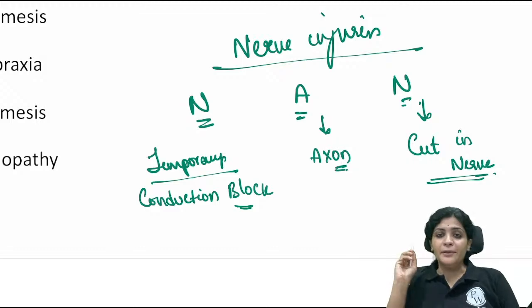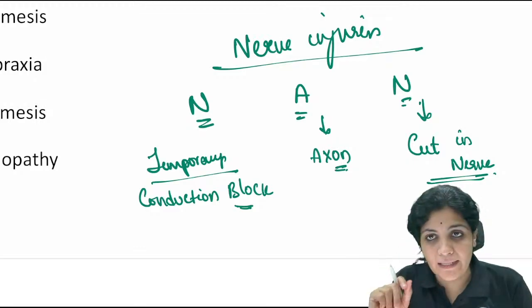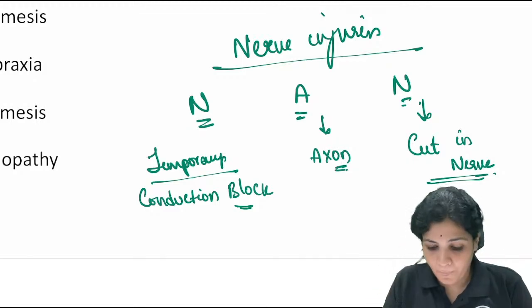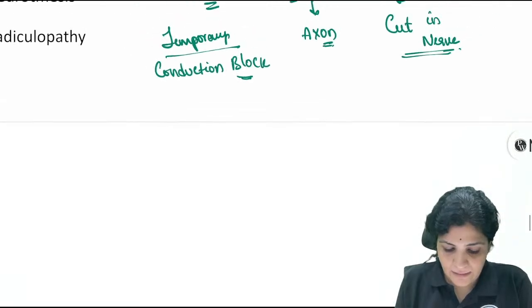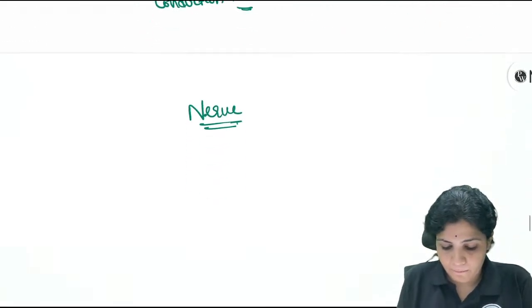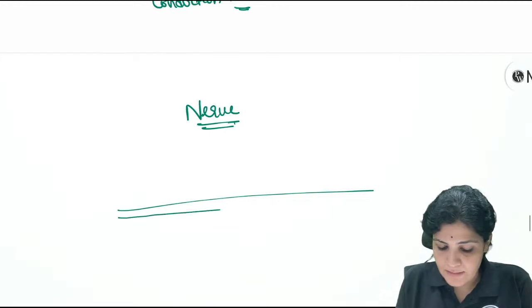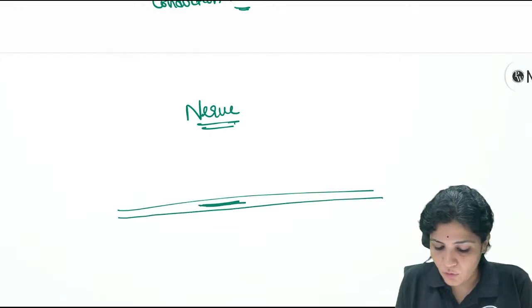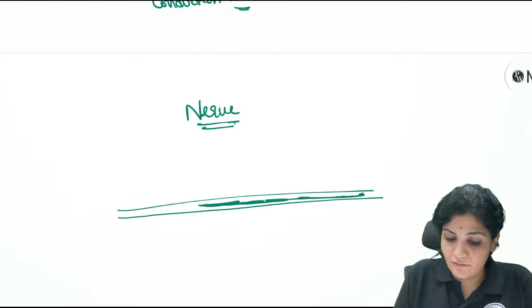If you remember the layers, what are the layers? This is the axon and the flow is axoplasm.